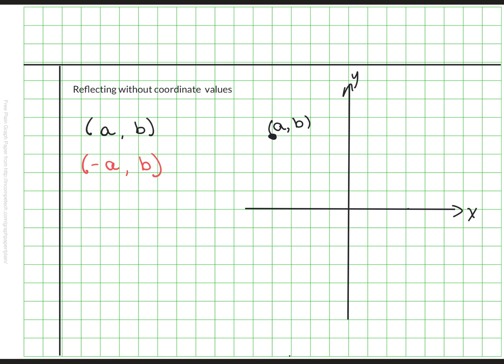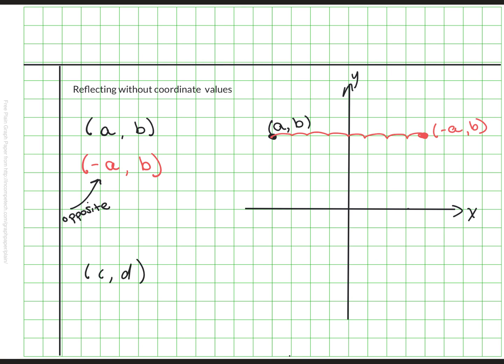If I wanted to graph in red this thing that says negative A, B, this is telling me that I want the opposite of A. So if I remember what I know about opposites, I know that if I start at 0, which is on my x, I would go 1, 2, 3, 4 to the left. So the opposite would go 1, 2, 3, 4 to the right. The B hasn't changed. So this would be where I would graph the opposite of A and B. So sometimes that negative is telling us the term opposite.